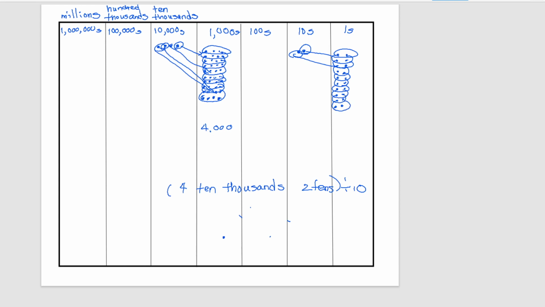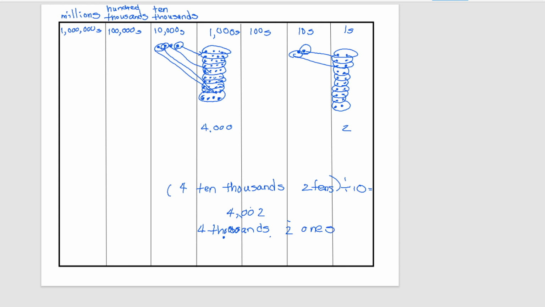So we see in each group we have 2. So 4 10,000s and 2 tens divided by 10 would be 4,002. Or in unit form, 4,000s and 2 ones.